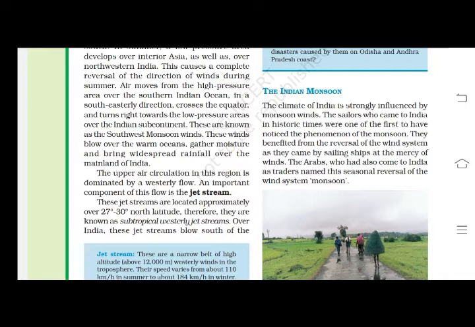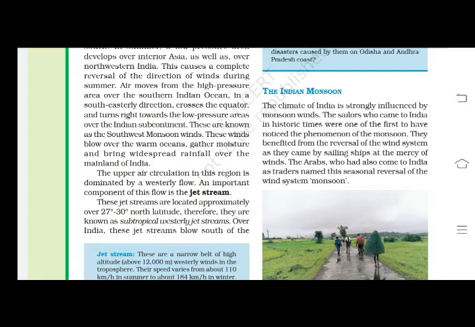The upper air circulation in this region is dominated by a westerly flow. This westerly flow comes just because of the upper air circulation, along with the southwest monsoon winds. An important component of this flow is the jet stream.